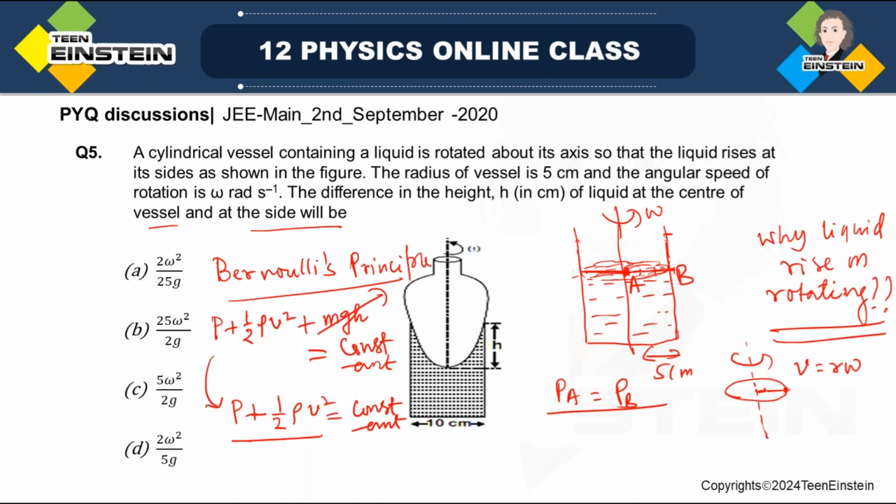But this product has to be constant. So how is it possible that it will be constant when the speed is increasing at the edge? That means what has to be happening here such that the whole quantity stays constant? So pressure should decrease.